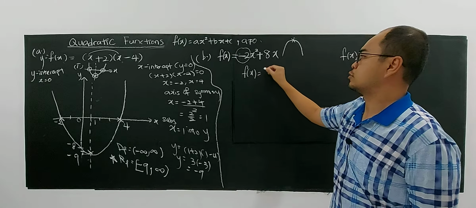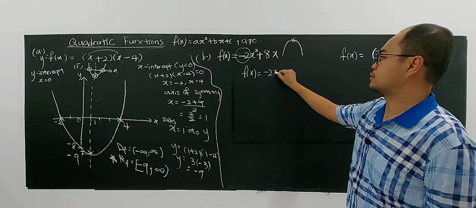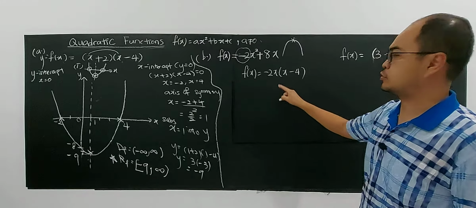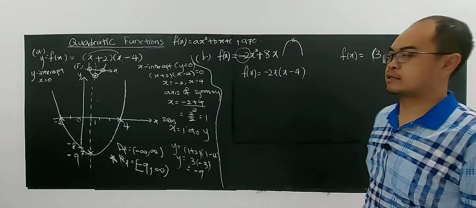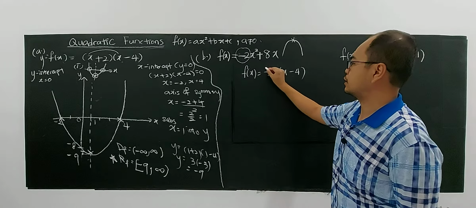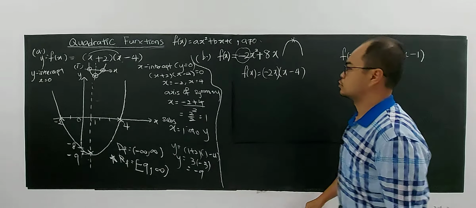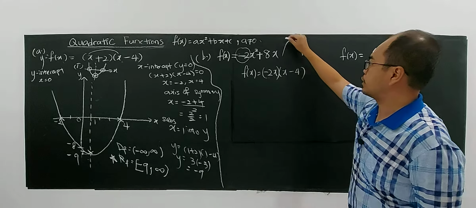I prefer to factorize the -2x, then I have x minus 4 here. If you check back, -2x squared, positive 8x, this becomes 2 factors. So repeat the same process, where the first step will be the shape.